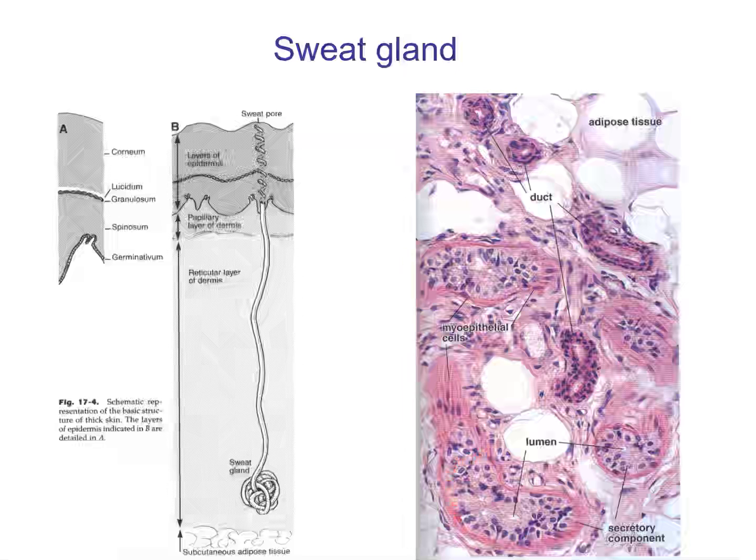The cellular lining, both are cuboidal, but in the ducts they are darkly stained. The lumen of the duct is also less than the lumen of the glands. This is showing the duct, and here is the gland.